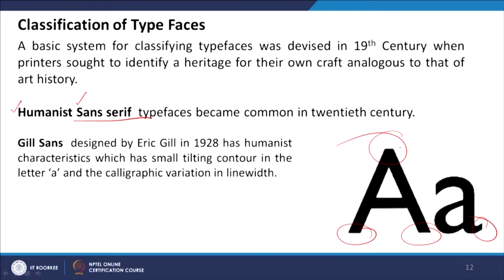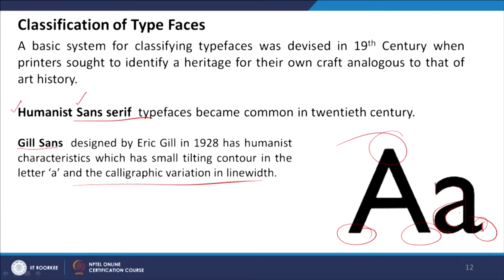If you go into detail in the typefaces, you will see that sans serif also has different versions. So Gill Sans has a little humanist version. You can see there's a change in the length, and also this letter A has a calligraphic variation in the line width. If you zoom in, you will see a little variation in the line width here.